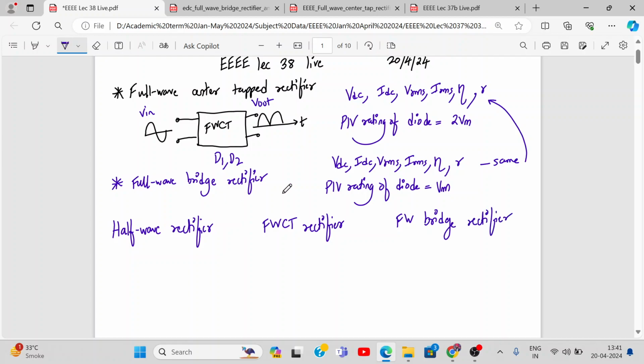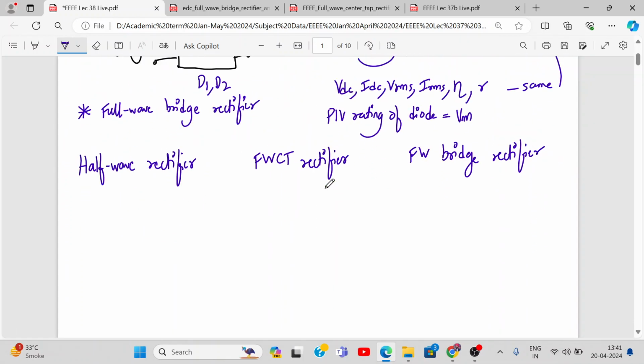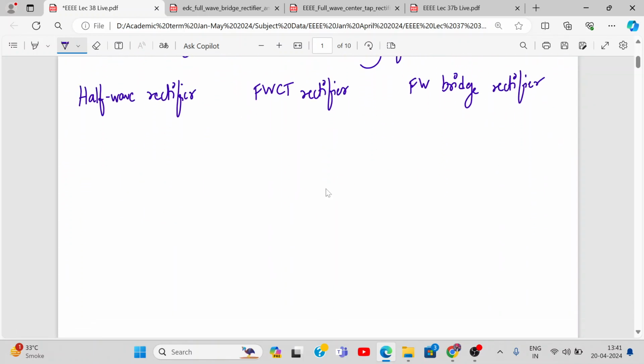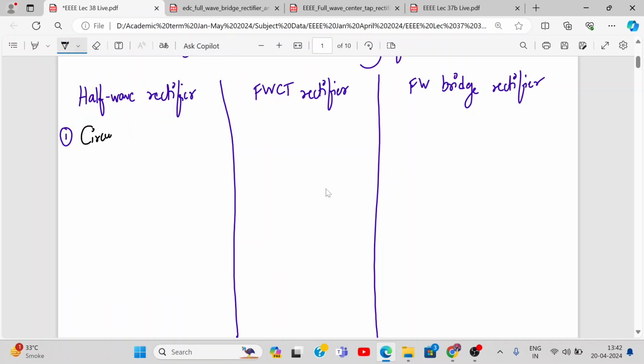I am not giving the exact answer, I'm giving you the basis on which you can compare. The first thing you can compare is the circuit diagram. You need to draw the circuit diagram for the half wave rectifier, the full wave bridge, and the full wave center tap rectifier. Agree?